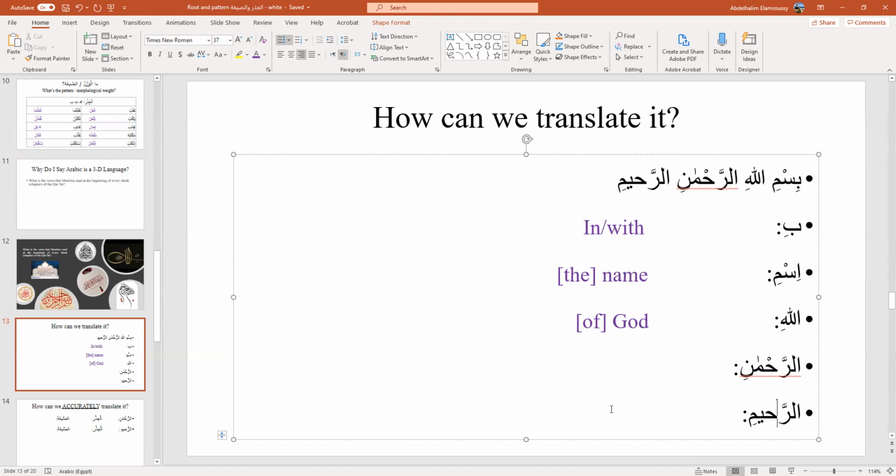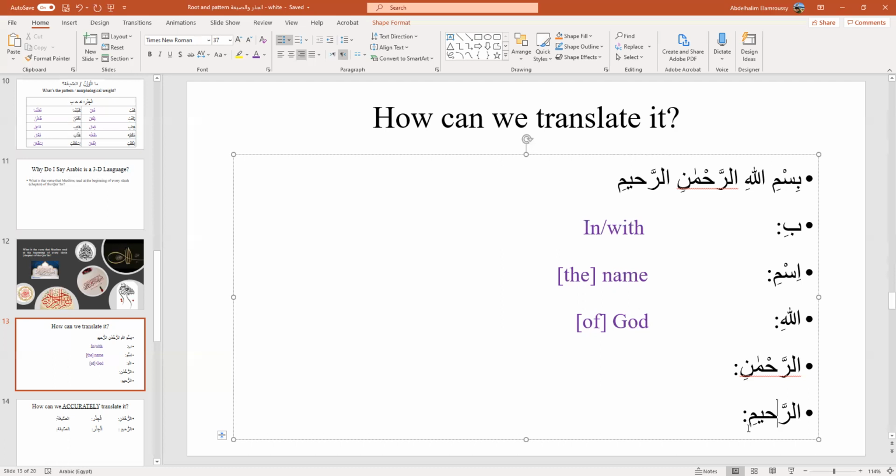In other translations, you'll find Ar-Rahman, the compassionate, Ar-Rahim, the merciful. In still other translations, you'll find Ar-Rahman translated as the owner of mercy, Ar-Rahim translated as the giver of mercy. So you will find basically many, many translations for these 2 adjectives, Ar-Rahman and Ar-Rahim.